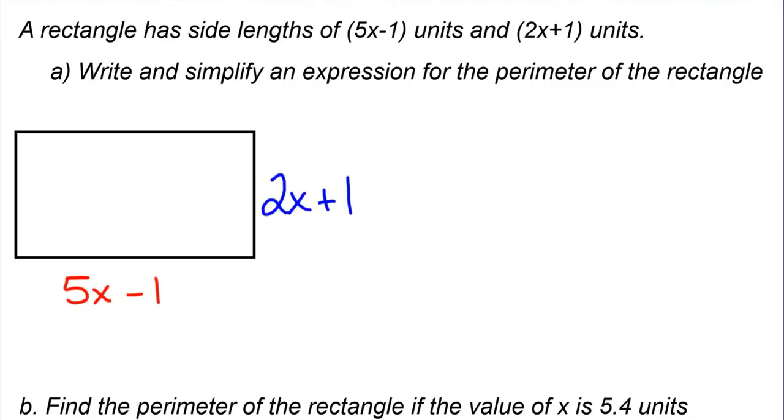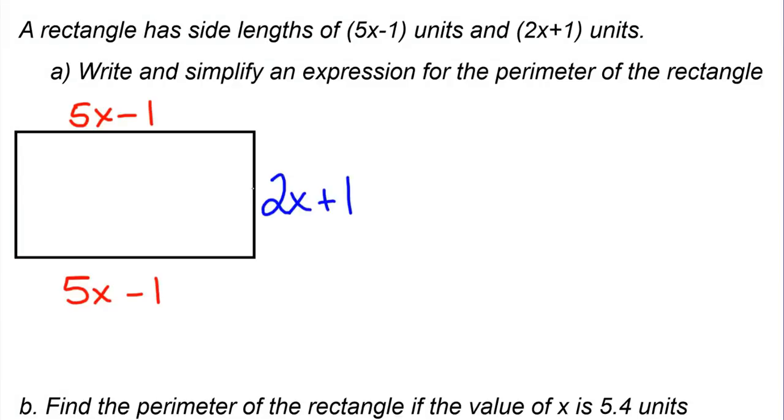Again, piece of cake. So let's take a look at an example of applying this concept. A rectangle has side lengths of 5x minus 1 units and 2x plus 1 units. Write and simplify an expression for the perimeter of the rectangle. Recall the perimeter is the distance all the way around. The bottom of this rectangle is 5x minus 1, that means the top is also 5x minus 1.